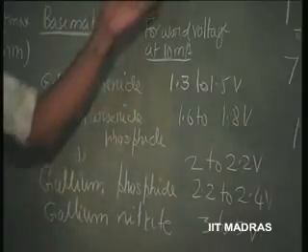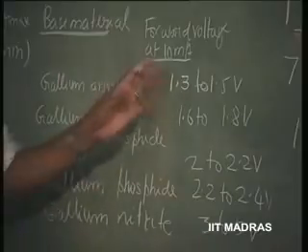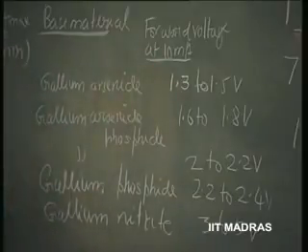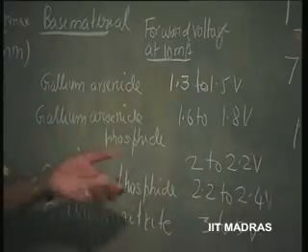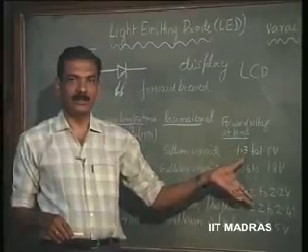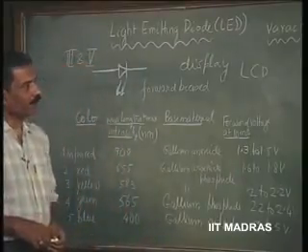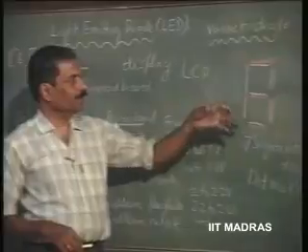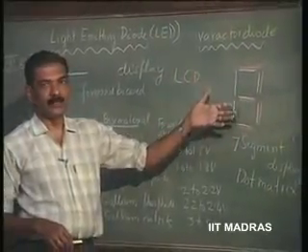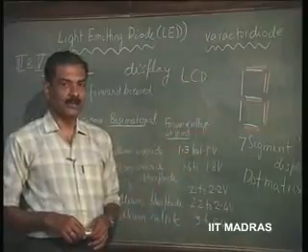Even though before the advent of LCDs these were being used for displays, with the advent of LCDs, these have gone out of use for most of the cheap displays like wristwatch display, etc. We cannot afford to waste current and power of this order of magnitude. However, for large displays and things like that, you do not mind wasting some amount of power, these displays are still being used.